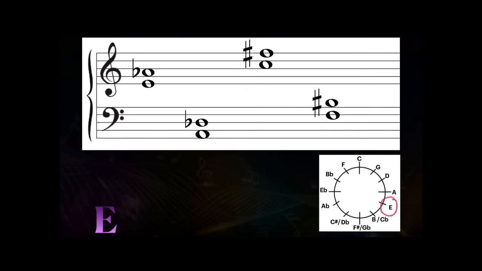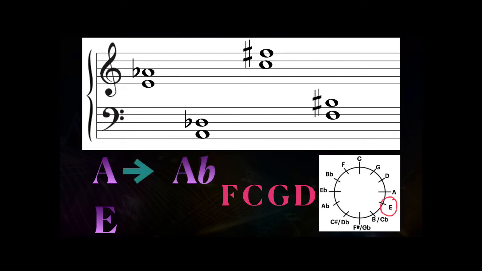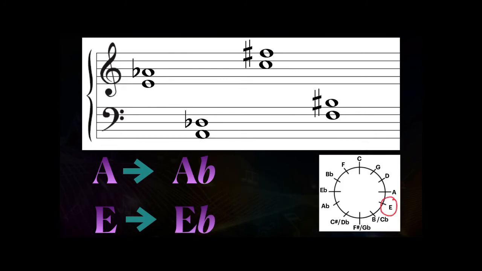E major has four sharps, F, C, G, and D. So a perfect fourth above E is A. Now we need to move our upper pitch down to A flat because that was the given pitch. If A down to E is a perfect fourth, then A flat down to E flat is also a perfect fourth.